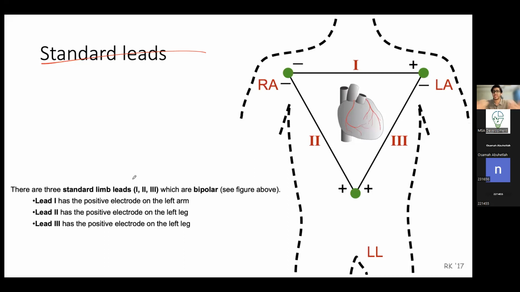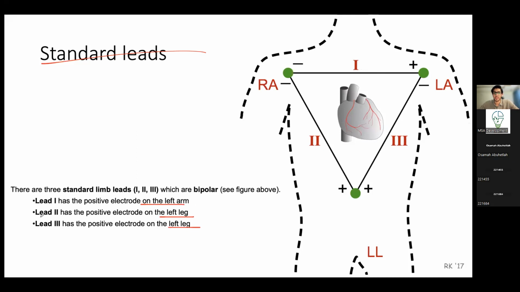It's standardized that standard leads are attached in this particular manner: lead 1 will have the positive electrode on the left arm, lead 2 will have the positive electrode on the left leg, and lead 3 will have the positive electrode on the left leg as well. If you see this diagram right here, in lead 1, the positive electrode will be on the left arm and the negative electrode will be on the right arm.